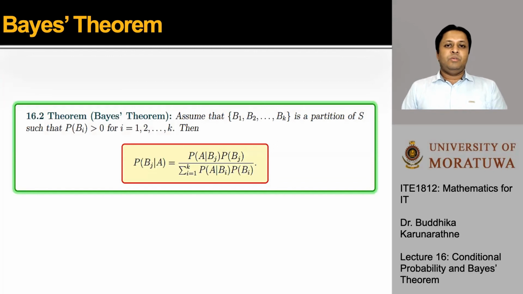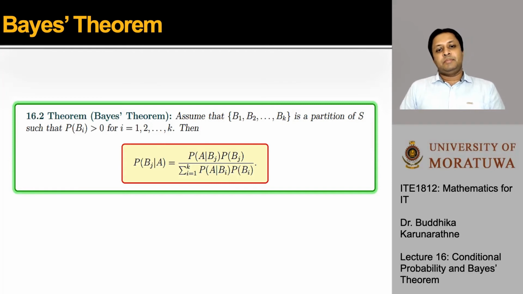Right, so now we introduce a very famous theorem in probability, which is Bayes' theorem. So this is related to conditional probability. Let us formally introduce it, assuming that B1, B2 until Bk is a partition of S such that P(Bi) is greater than 0 for i equal to 1, 2, 3 until k.